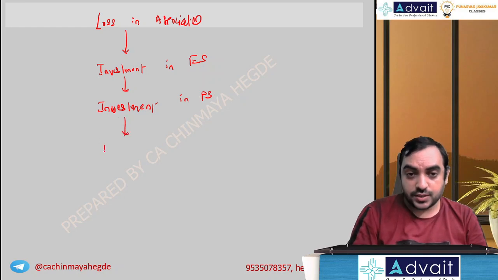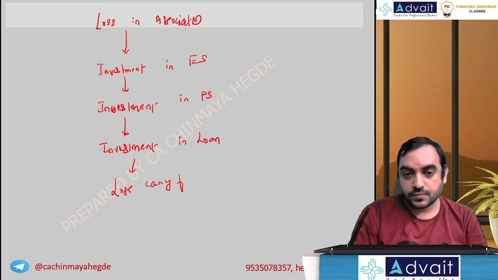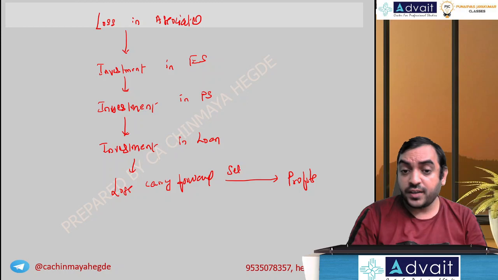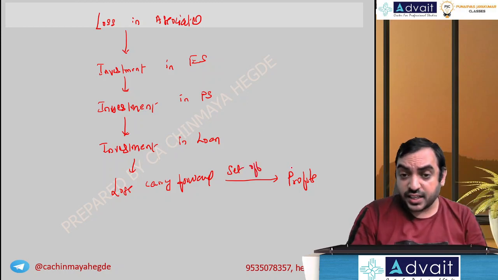Then you adjust against investment in loan. If you still have a loss, then that will be loss carried forward. Then you will set off against profits next, when the associate starts making profits. That comes in the reversal order.